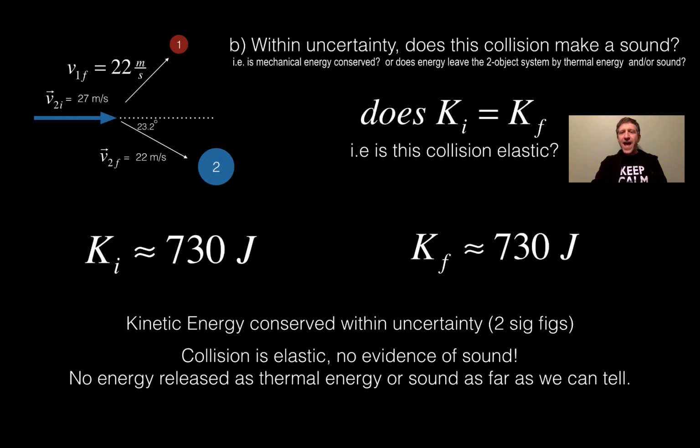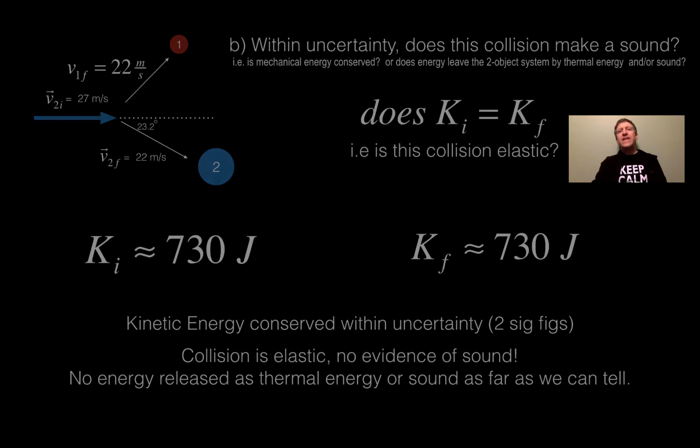So given that, kinetic energy is conserved within uncertainty. I only had 2 sig figs to start with. That's all I can really make any conclusions about. The collision is elastic. There is no energy released. Therefore, we cannot say that there's any sound made. No energy is released as thermal energy or sound as far as we can tell from our calculations.